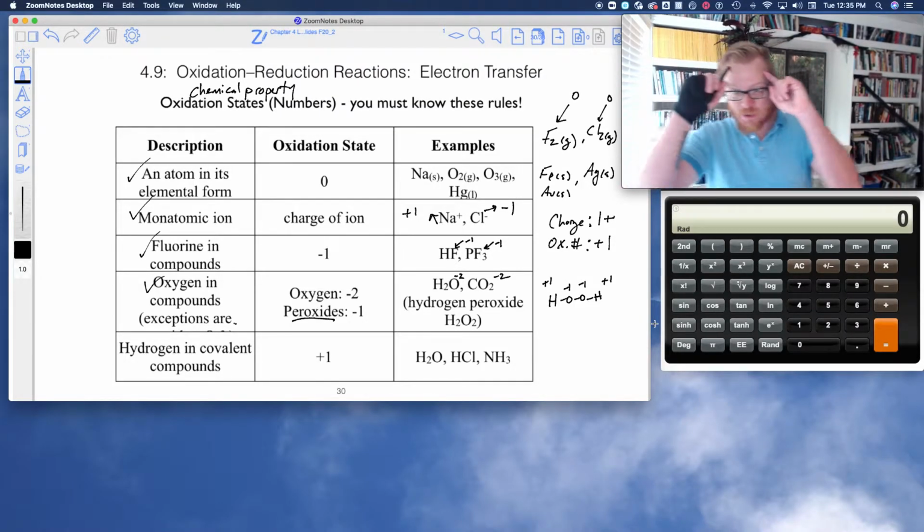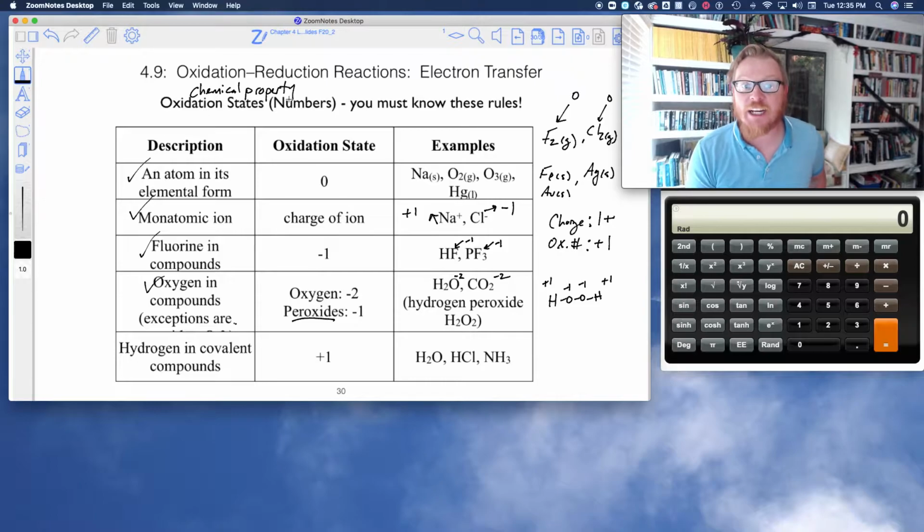And think about this: if oxidation state is a chemical property, because the oxygen in a peroxide is -1, but oxygen in all other compounds is -2, this means peroxides react differently than other oxygen-containing compounds, okay? And we know that because it has a different oxidation state. It's a different chemical property.